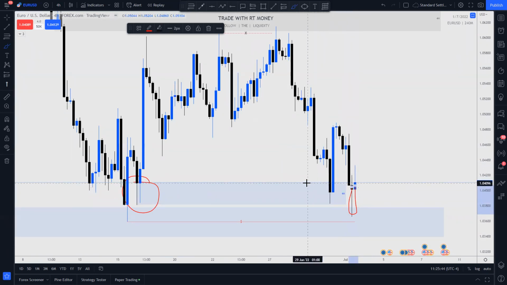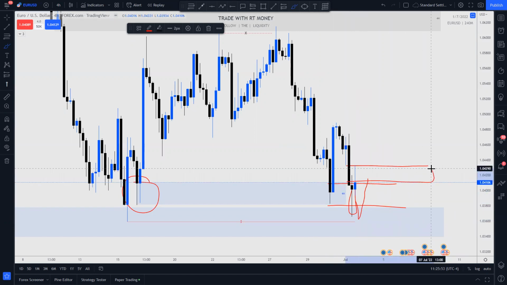If price takes out this demand with a close and leaves a supply zone above it, right around here, this is the optimal area to take a swing trade to the downside, a sell. You understand?